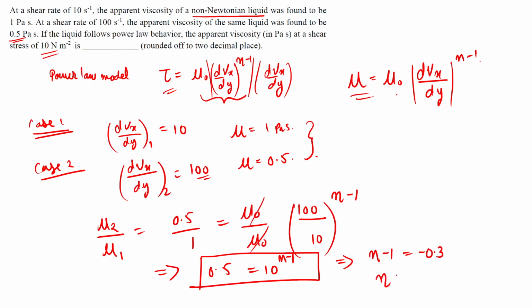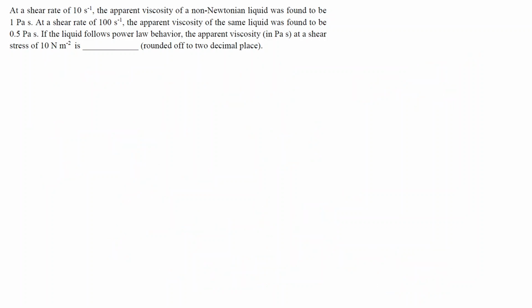So the value of n will be 1 minus 0.3, that is 0.7. Now we have the value of n equal to 0.7.